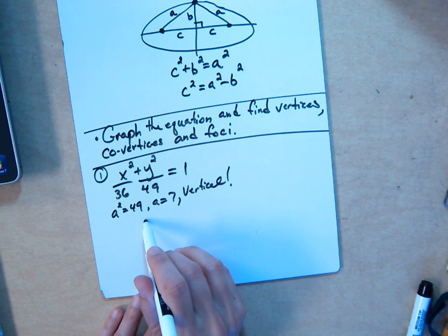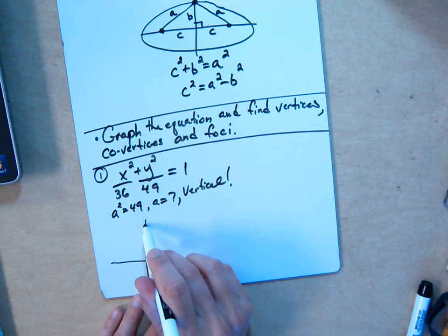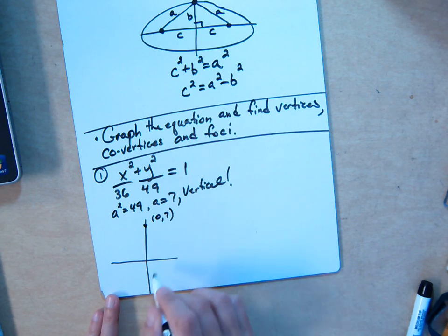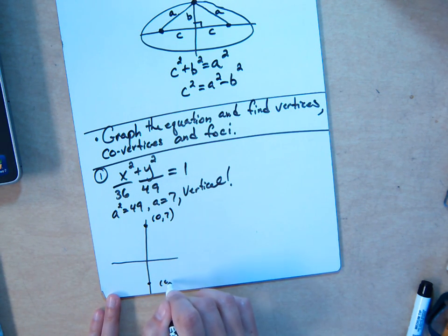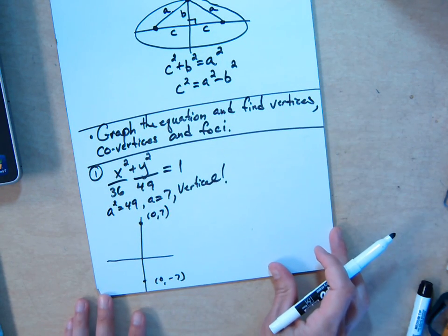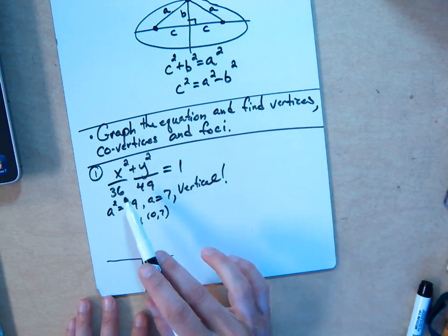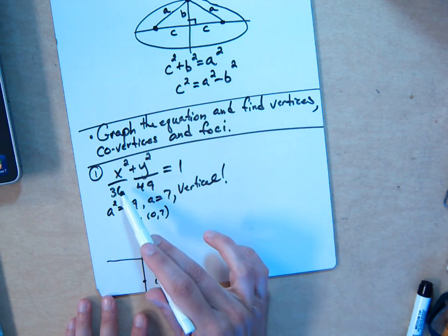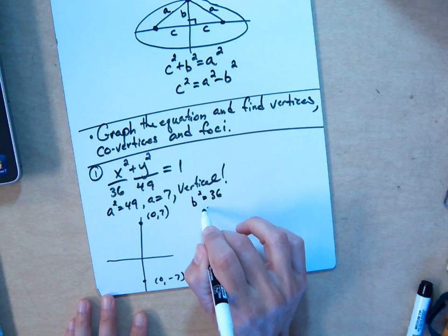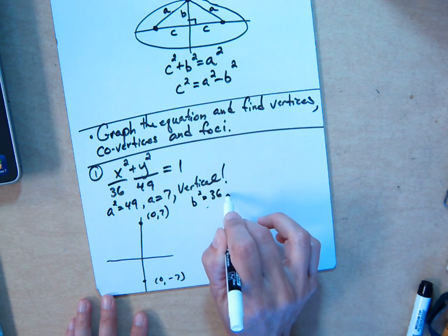Then I'm going to sketch a picture, and I'm going to plot the point 0, 7, and 0, negative 7, just roughly. Okay, so I know it stretches that way, and I know in the minor axis direction b squared is 36, so I know that b is 6.